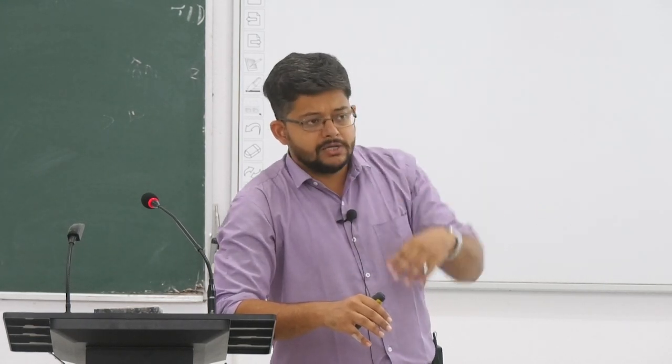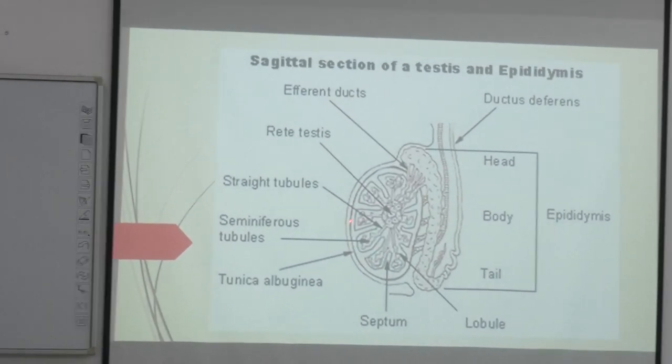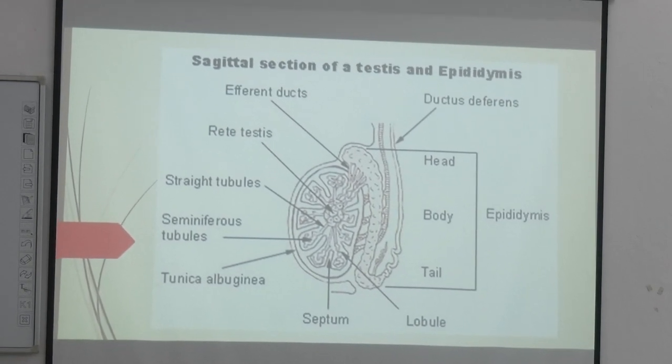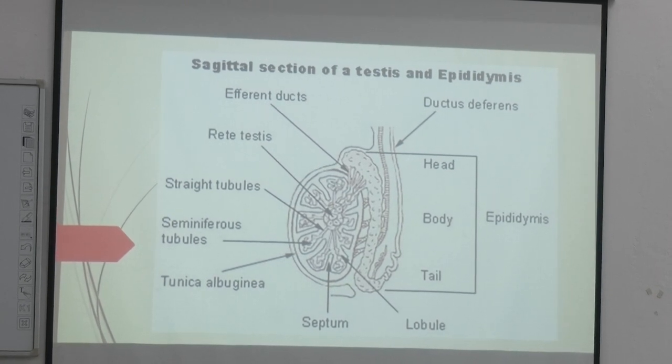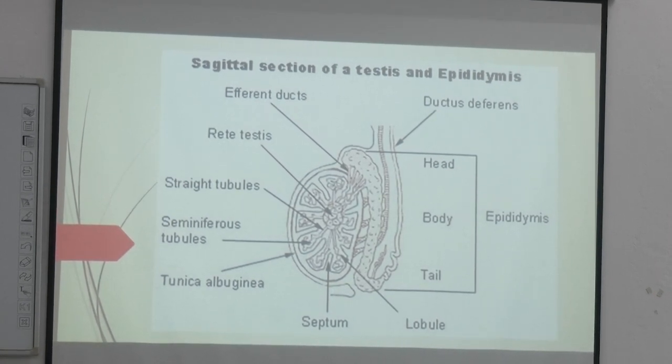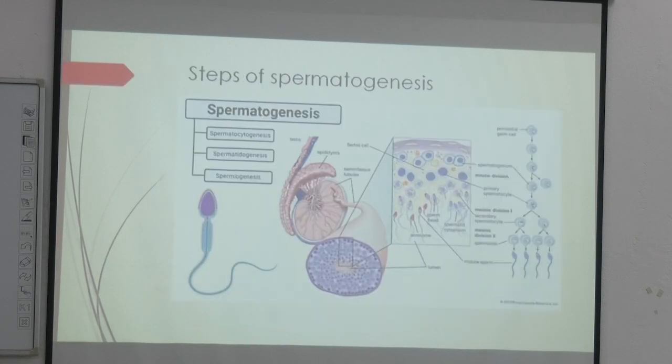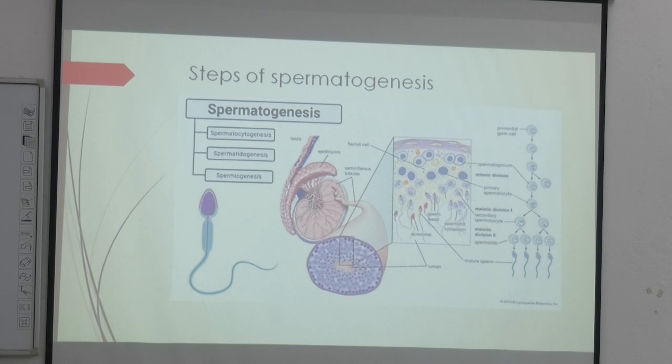Now coming further, this seminiferous tubule is the kitchen for spermatozoa, where spermatogenesis happens from the raw material. So basically this is the macro structure, and inside the seminiferous tubule the spermatozoa are formed, then go to the epididymis.